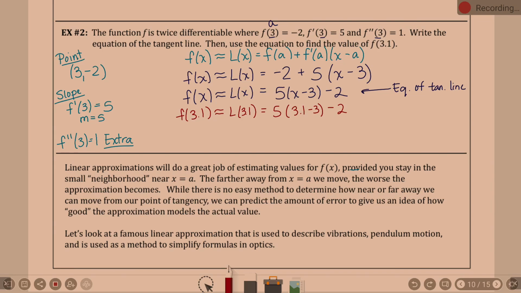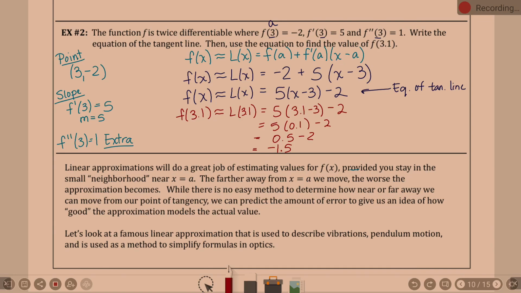So then you're doing 5 times 0.1. 5 times 0.1? 0.5. That makes sense. 0.5 minus 2 is -1.5. You could do that without a calculator if you had to, right?